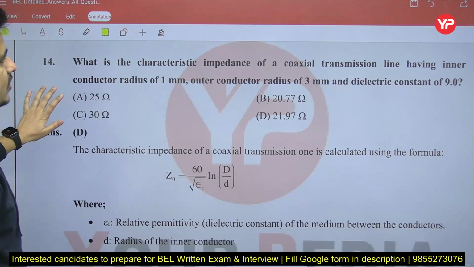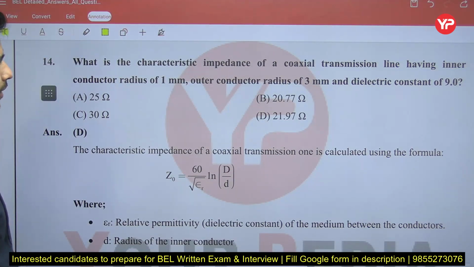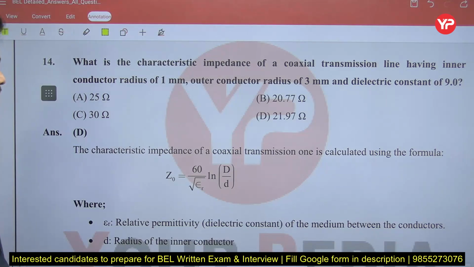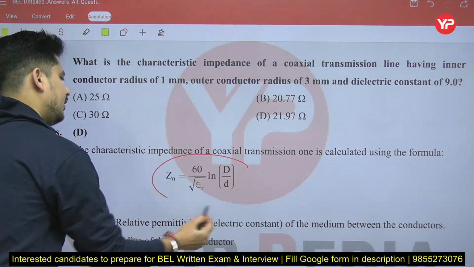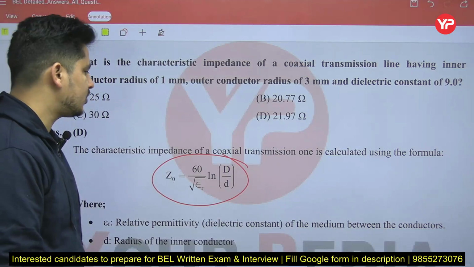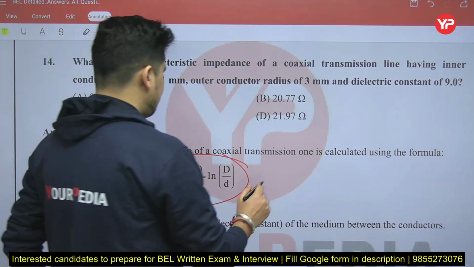What is the characteristic impedance of a coaxial cable having inner conductor radius of 1 mm, outer conductor radius of 3 mm, dielectric constant 9? So this is the formula for the characteristic impedance of a coaxial cable. So you can directly plug in the values.